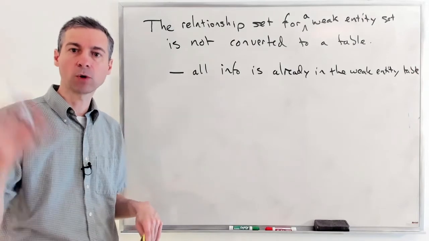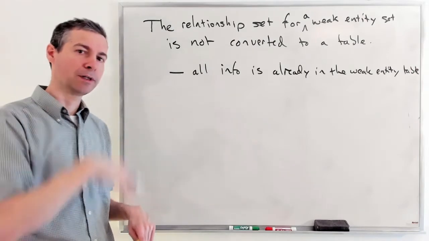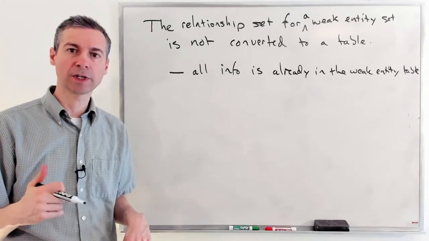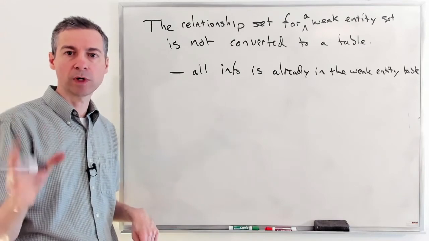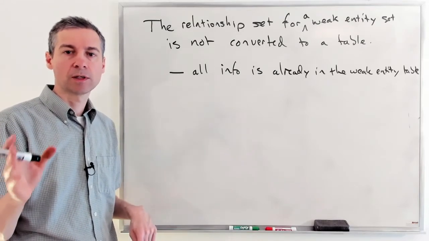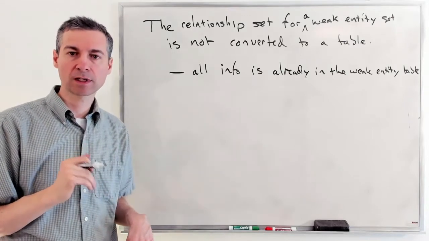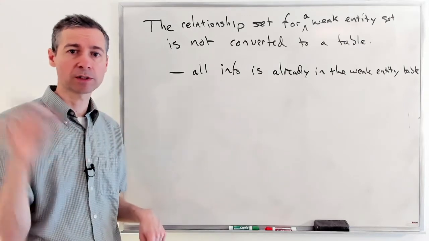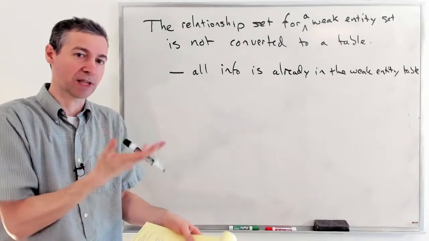We have total participation of the weak entity set in the relationship, and we always end up with one weak entity going to one strong entity. And as such, when we put that strong entity's key in the weak entity set, that's all the information we need. That is the relationship.